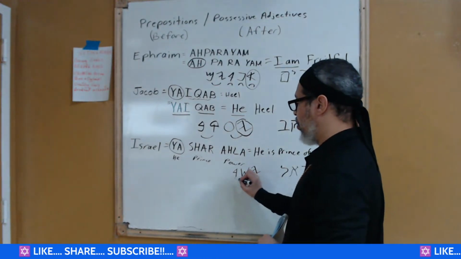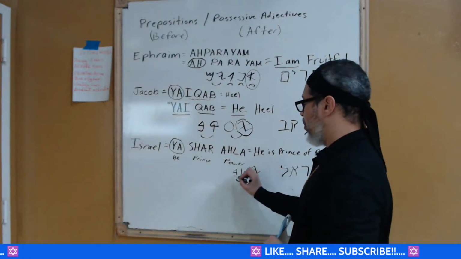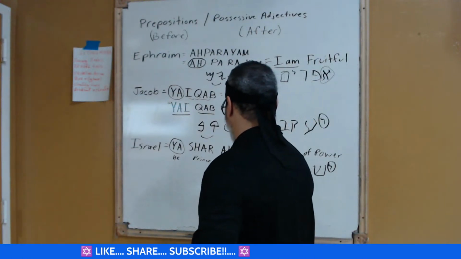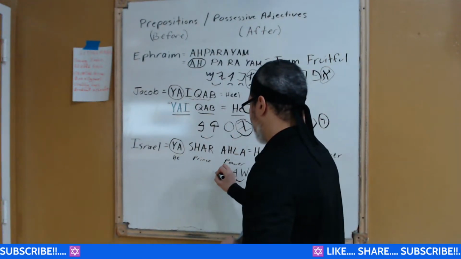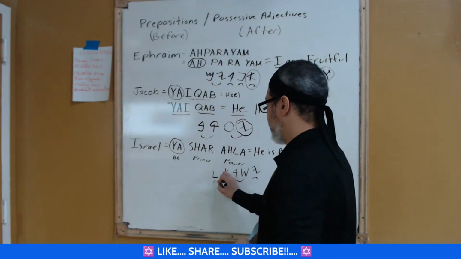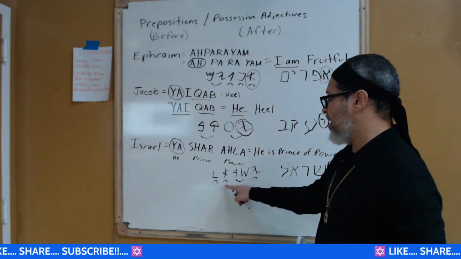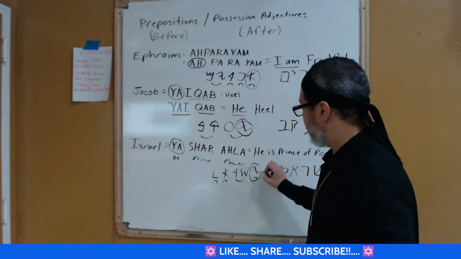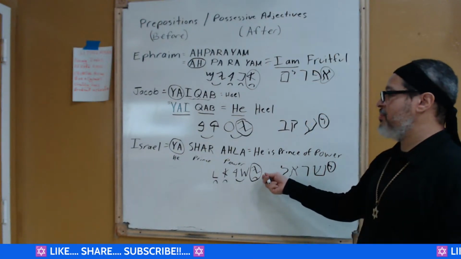Ya, shar, so these are connected together. Ya, shar, Allah. And we know it's separate because of our connectors. Ya, shar, Allah. And the ya is the he.